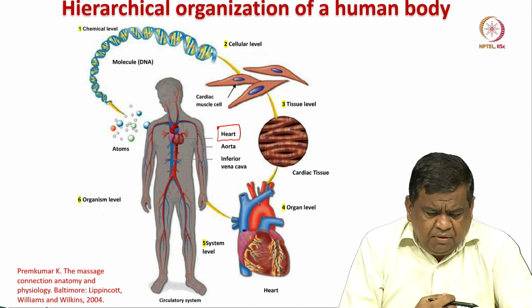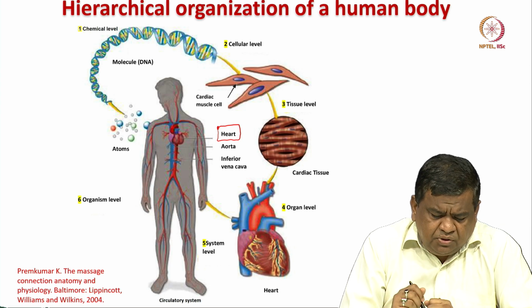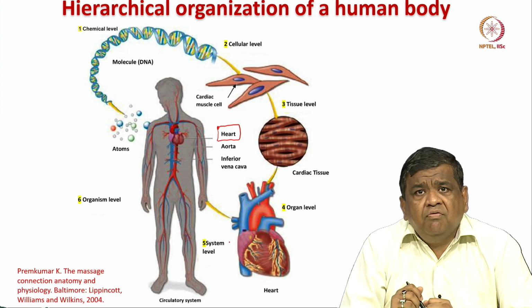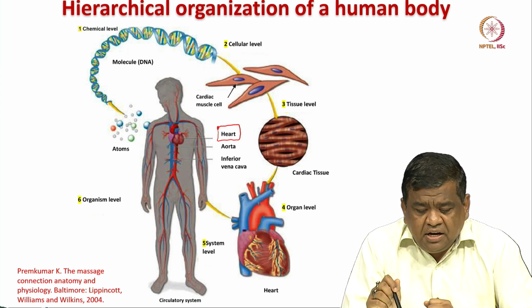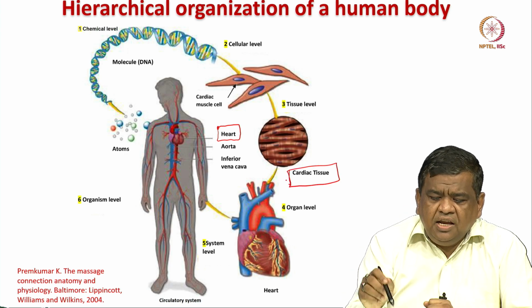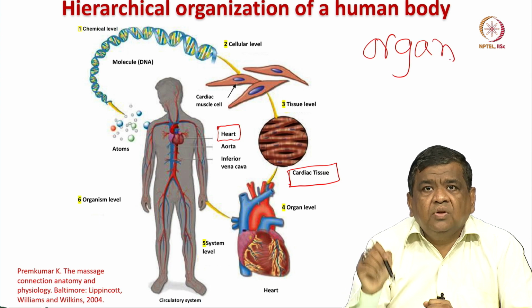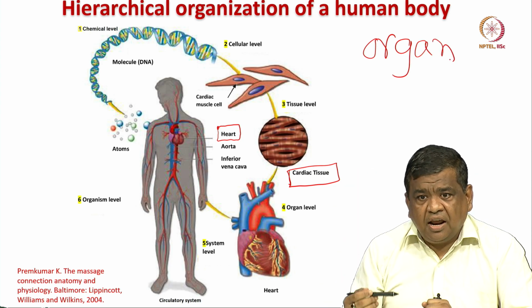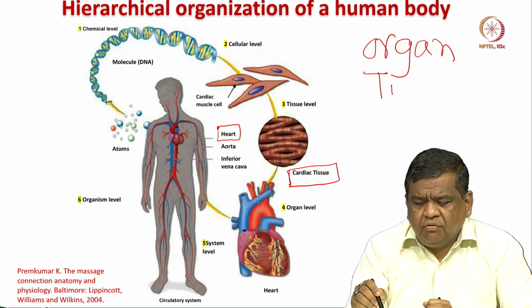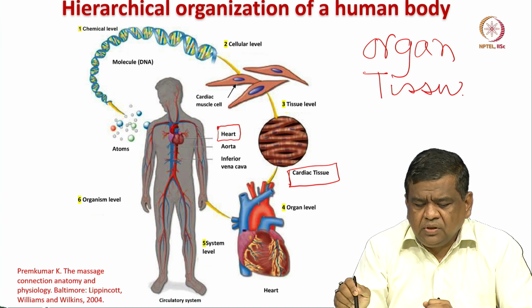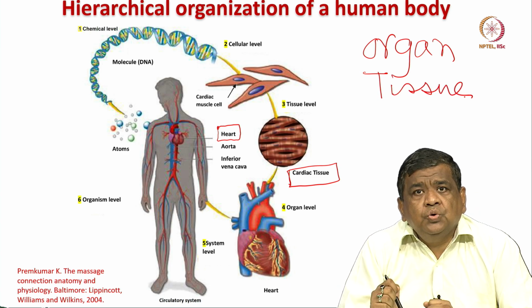So, if now this let us say fully functional heart, it is composed of cardiac tissue. So, essentially organ is at the highest level. Then if you go down the hierarchy, then you have tissue. So, you have the cardiac tissue.